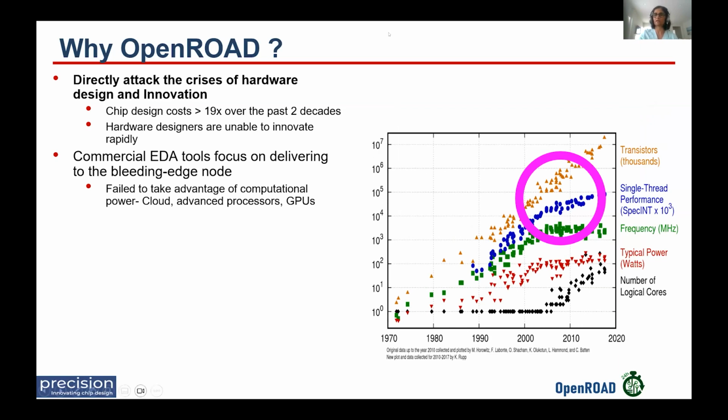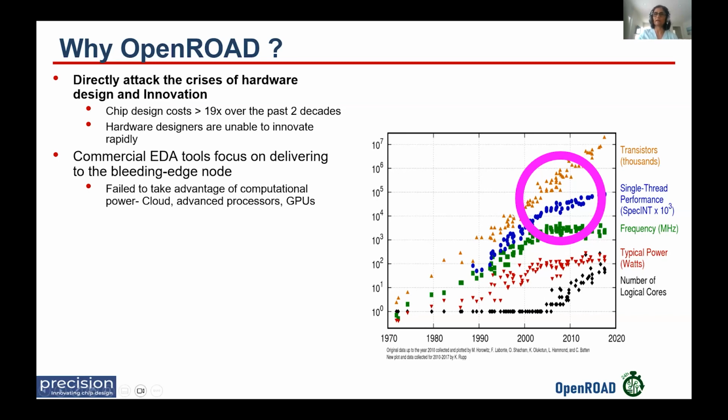As you can see in the pink circle, even though we have achieved great results in being able to put increasingly higher functionality and transistor density on chips, as you can see from these curves on the right, the processor or computational efficiency pretty much remains flat.